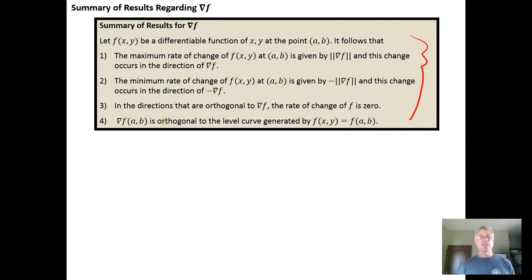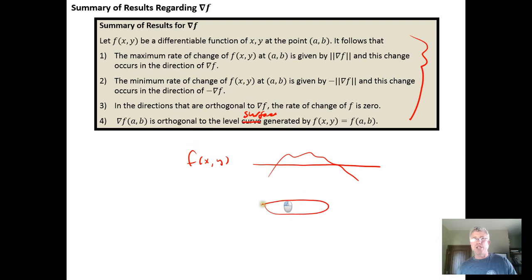The only thing that's going to be different is that when we have a function of three variables, the gradient is going to be orthogonal to a level surface, which we'll see a little bit later on, instead of a level curve. So in other words, functions of two variables live in three-dimensional space. The graphs are three-dimensional graphs. So when we cut through with a constant plane, we get a level curve in the xy plane.